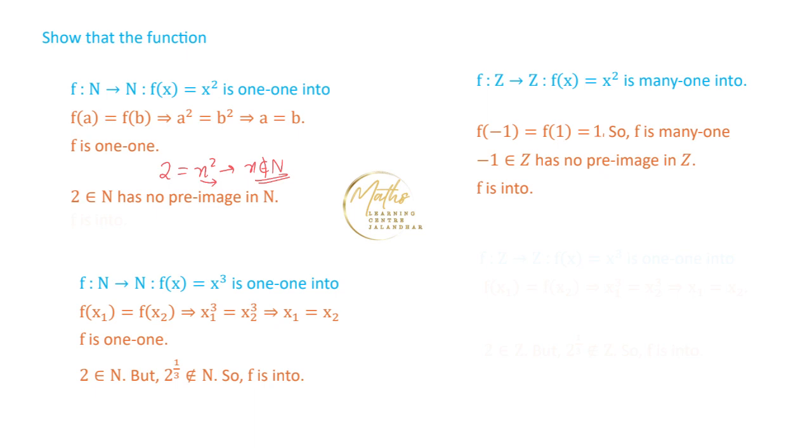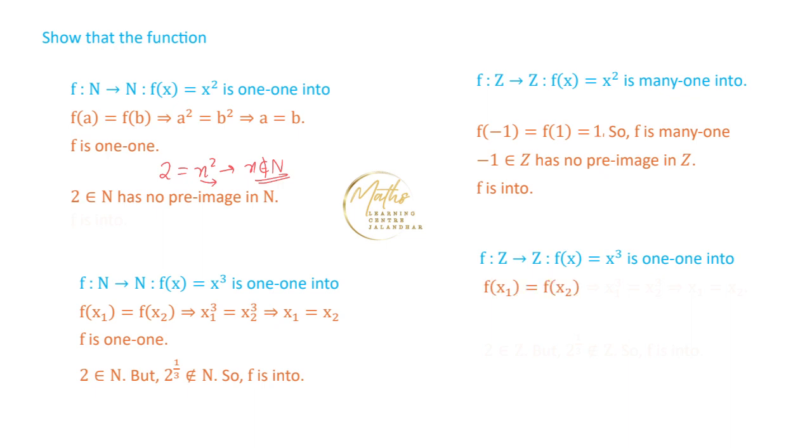Next, we consider the function f from Z to Z, defined like f(x) is equal to x cube. In the previous case, the domain and codomain were natural numbers. Over here, the domain and codomain are integers. We have to prove that this is 1-1 and into. Again, the 1-1 proof is similar. We say f(x1) is equal to f(x2).